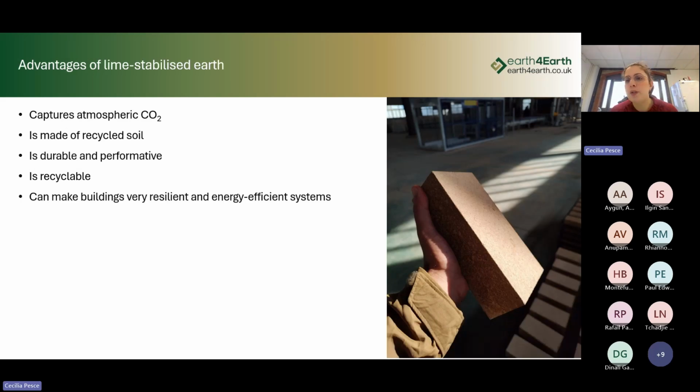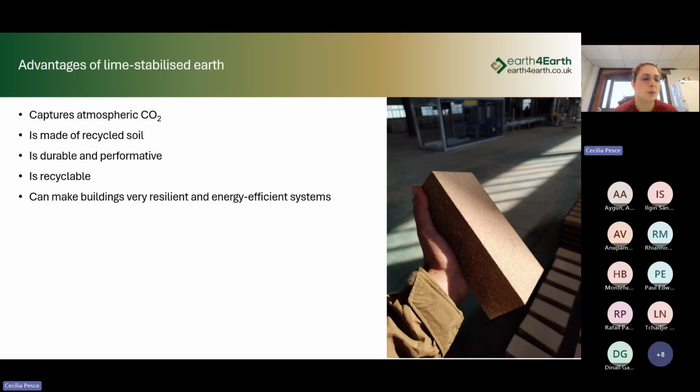So what we do at Earth for Earth is lime stabilized earth bricks. These are advantageous for a series of reasons. First of all, they capture CO2 from the atmosphere because of the slaked lime in them. They are made of recycled soil. A lot of waste soil is landfilled, so we can recycle it in our bricks.